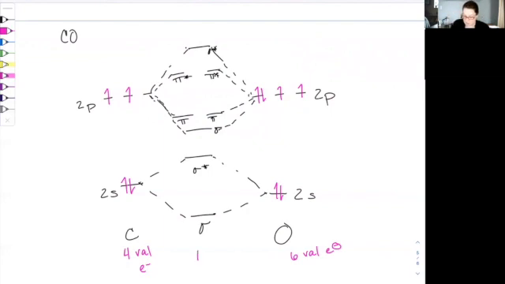We have a total of 10 electrons in the molecule. So we're going to fill those in from the bottom up. I can even ignore everything on the sides now. I just need to worry about the middle. So we'll start at the bottom. 1, 2, 3, 4, 5, 6, 7, 8, 9, 10.